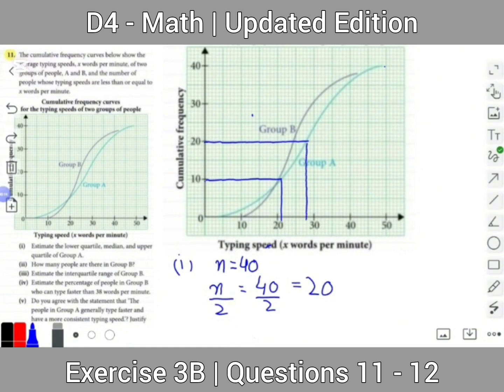From the graph we have the value 28. So the estimated median from the curve is equal to 28.